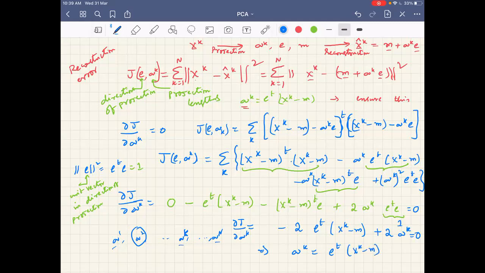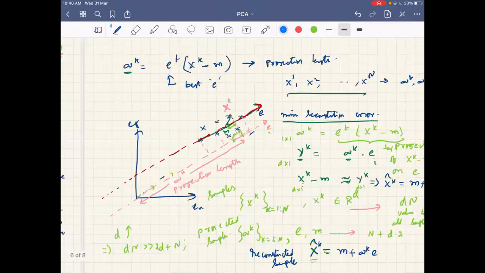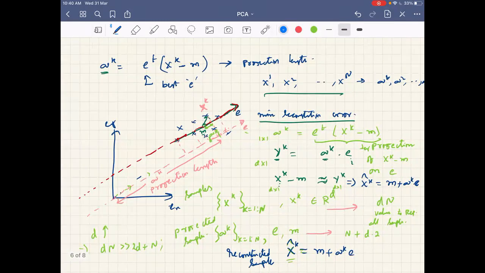Is this fine or not? We essentially got this only, but after a few steps of mathematical derivation. Fine. So what it is saying is, if you want to calculate the projection length, always look at the sample. Always project the sample perpendicularly onto the direction of projection and then calculate the length of projection.